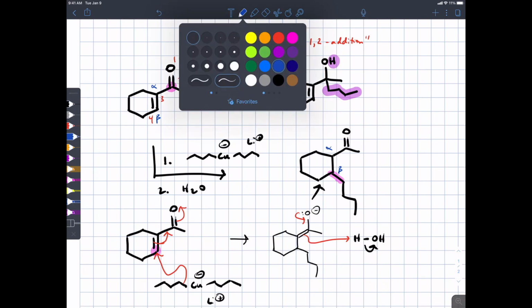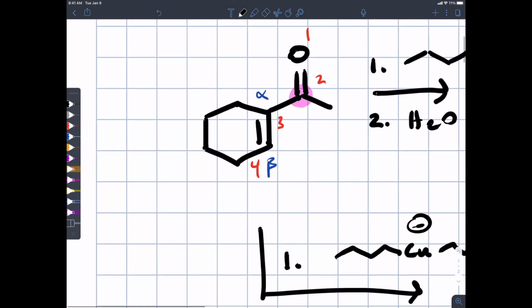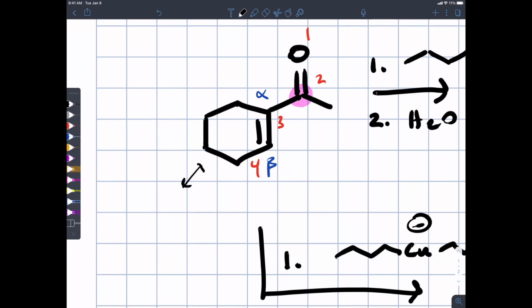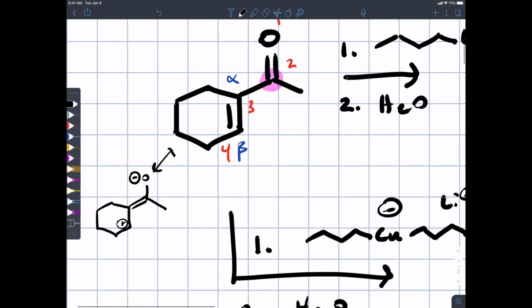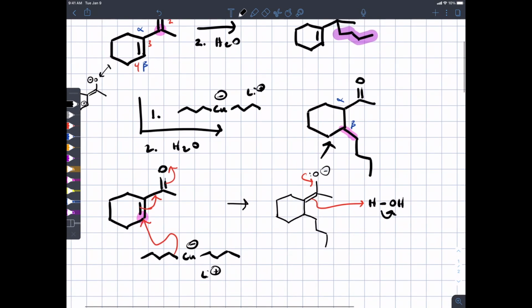If that's a little bit confusing and unfamiliar to you, you can just remember that for alpha-beta unsaturated carbonyl compounds, you can draw a resonance structure that would put a positive formal charge on the beta carbon, and that gives you a clue that the beta carbon is going to be electrophilic. So the cuprate will attack at the beta carbon.